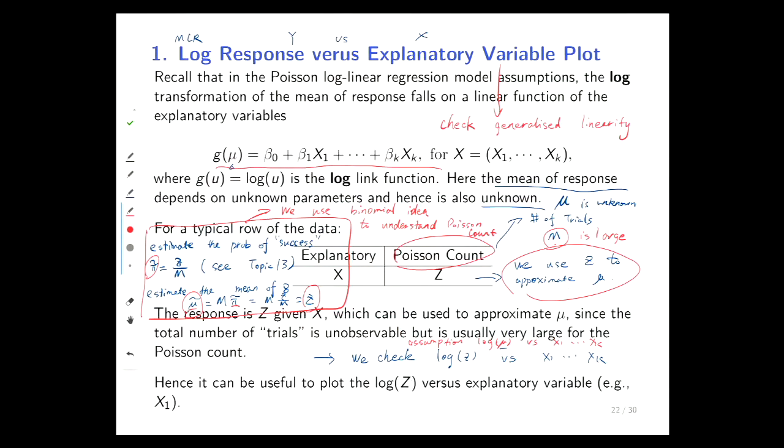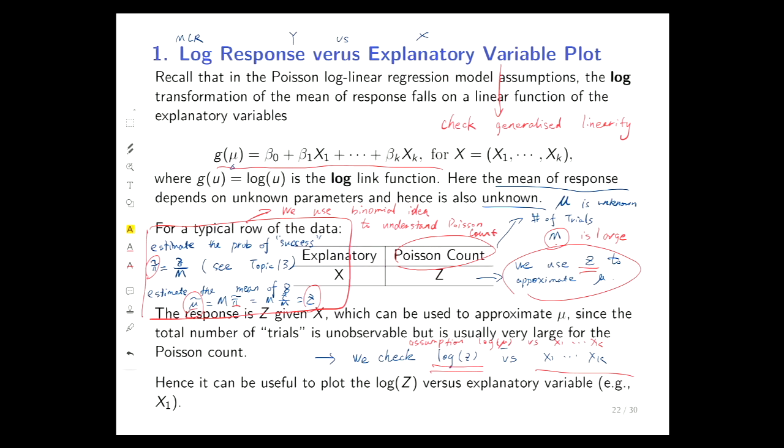So what you need to do in this course is just to remember that we use z to approximate mu, and what we need to do is just to check log z versus x1 to xk. I just briefly mentioned it, so if you are interested, you can have a look, but if you are not interested, it's totally fine, just remember the conclusion here.